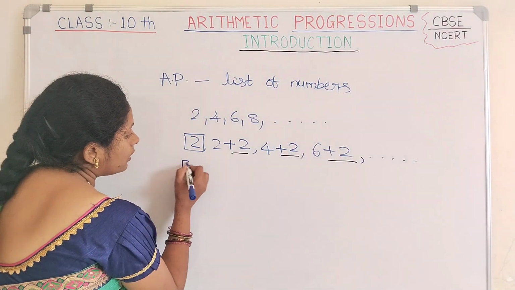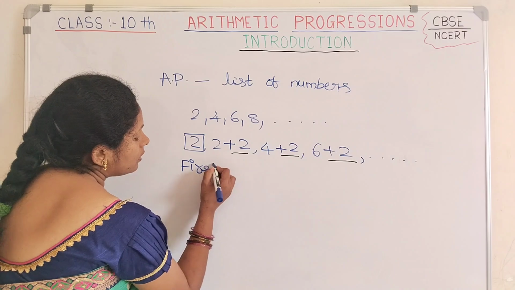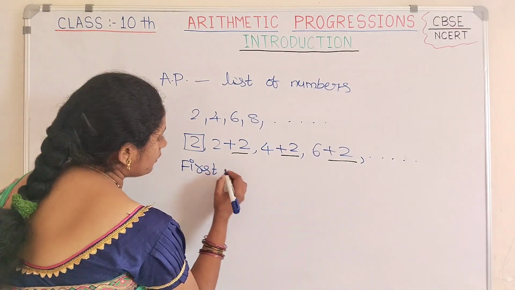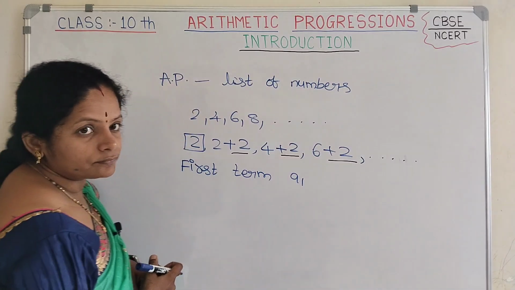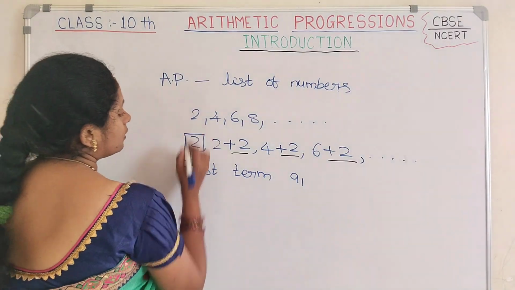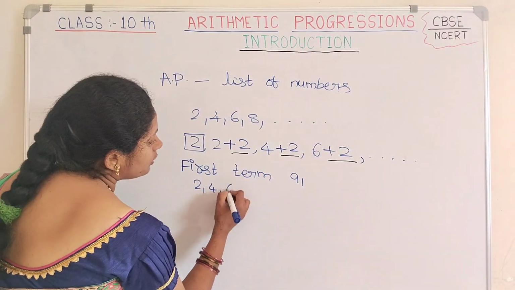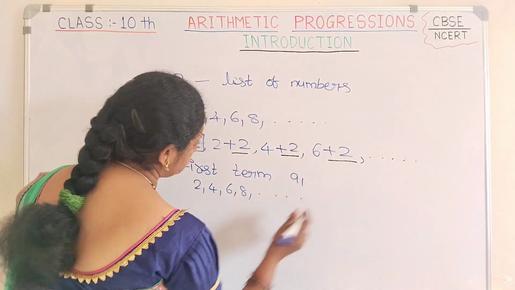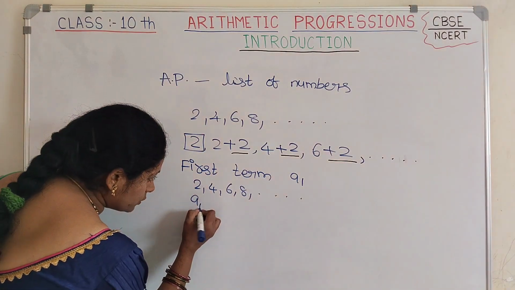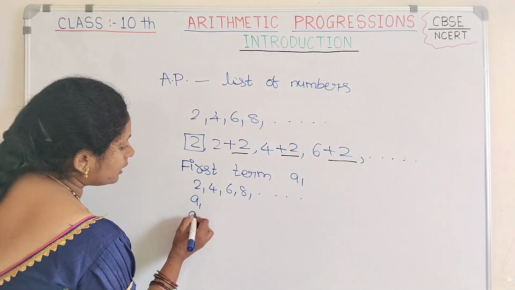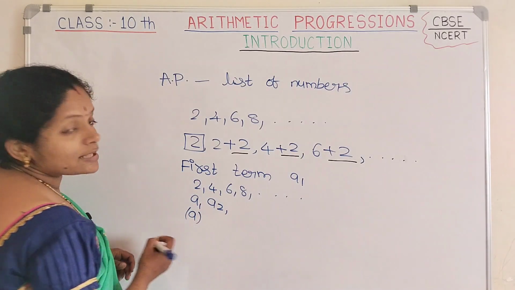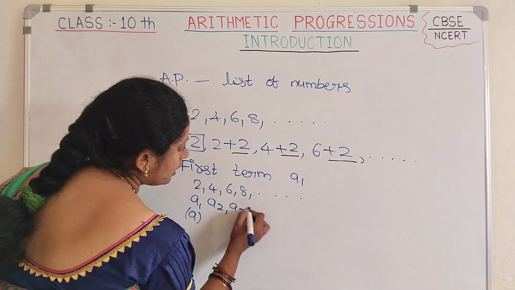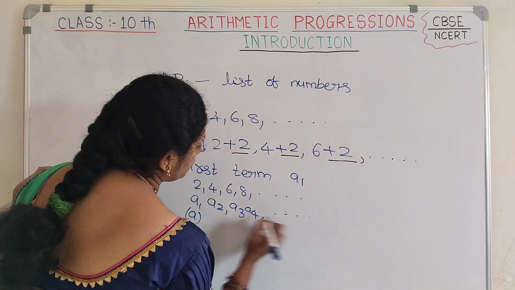This 2 is called the first term. It is denoted with A1 or A. In 2, 4, 6, 8 and so on, these are denoted as A2, A3, A4 and so on.